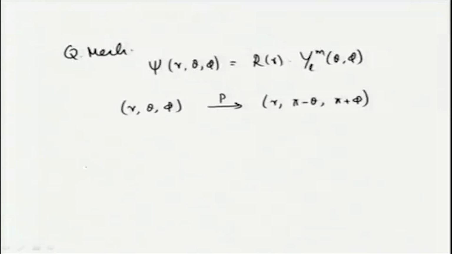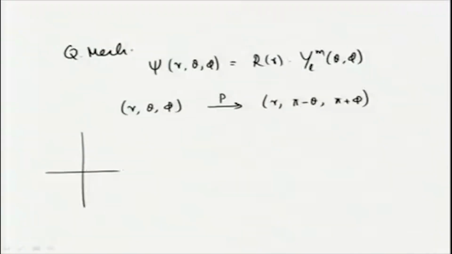How do we see that? R is just the magnitude of the position vector, which remains the same whether it is in one direction or the opposite. Therefore, parity will not do anything to that, it is a scalar quantity. Now, theta: let us take the y z plane and consider the position vector lying in that.